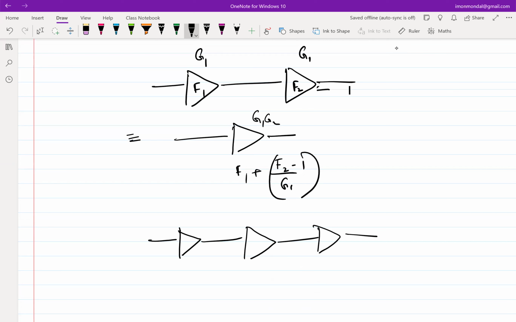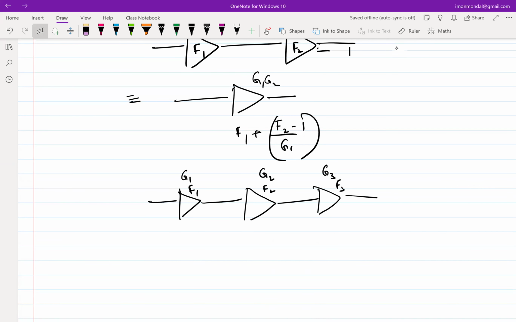Similarly, if I extend this to three stages, G1, F1, G2, F2, G3, F3, by induction, what do you think will be the total noise factor? Yeah, F2 minus 1 by G1. The noise factor of this minus 1 gets divided by the gain of the preceding stage.